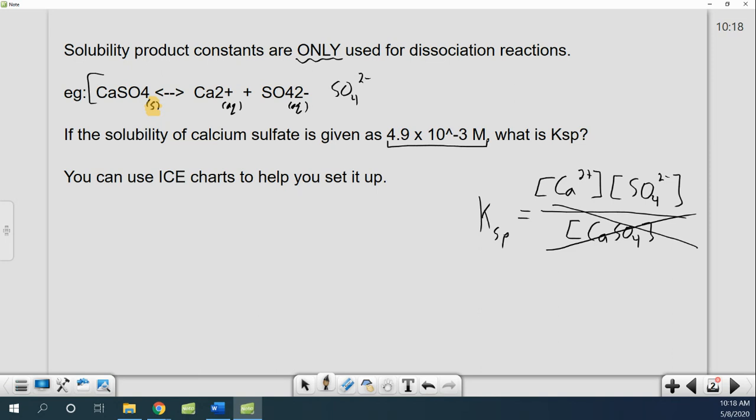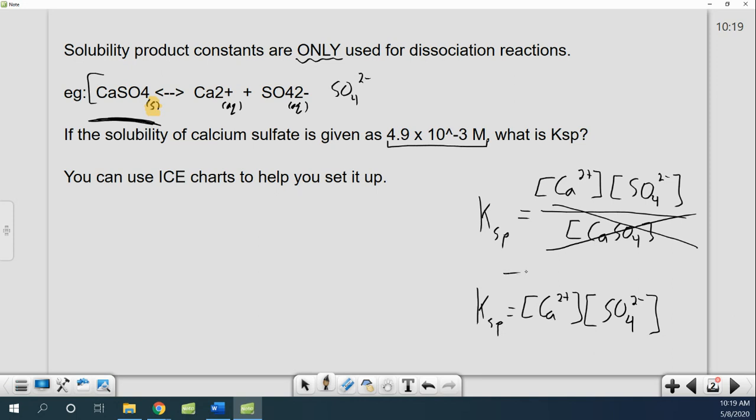You don't have to worry about it. So our real equation here is that KSP is the concentration of calcium ions times the concentration of sulfate ions. So these are going to be much easier than equilibrium product constants because since they're dissociation, this side over here is almost always going to be a solid, which means you can always cut it out of the equation, which means you're not dealing with fractions.